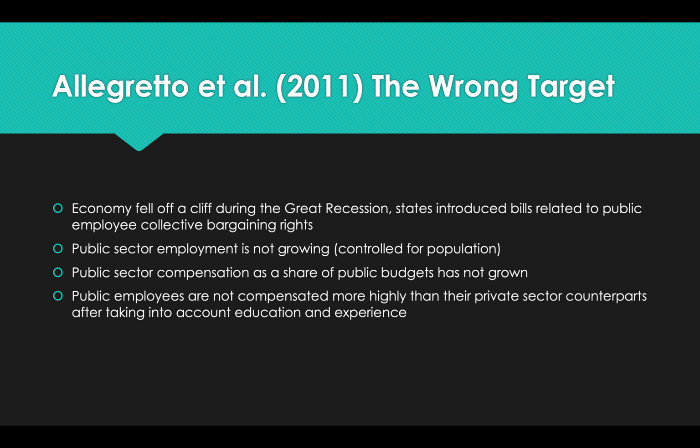So one of the arguments against public employee unions is that they inflate wages and benefits, but if you look at private sector counterparts and account for education and experience, they're really not being compensated more highly.